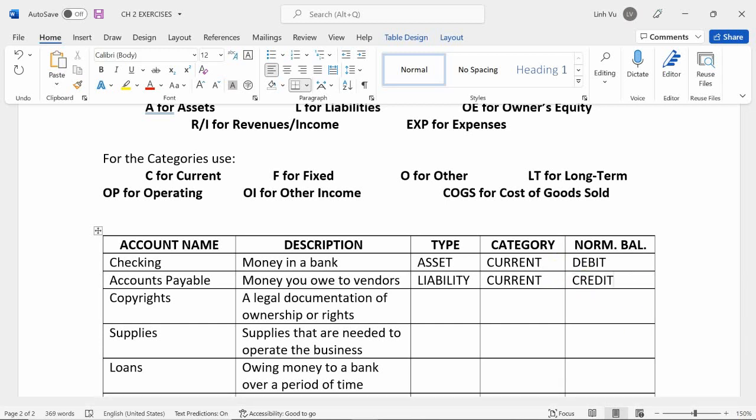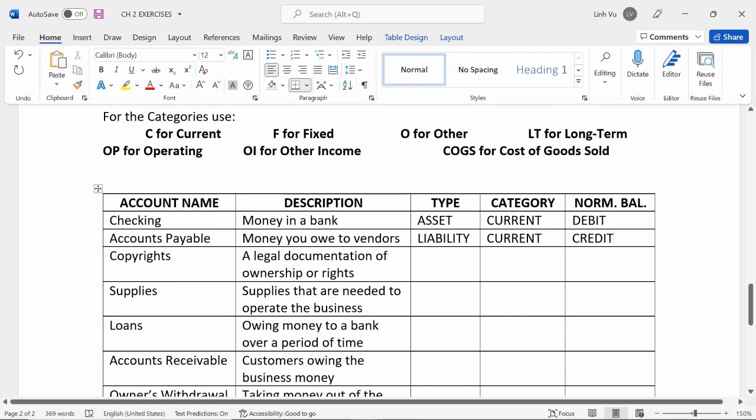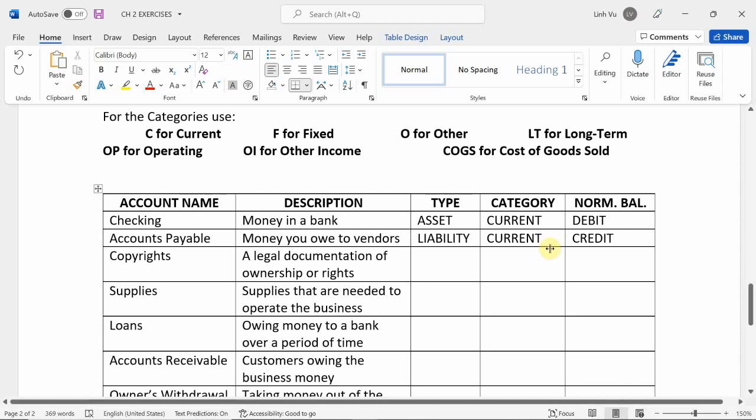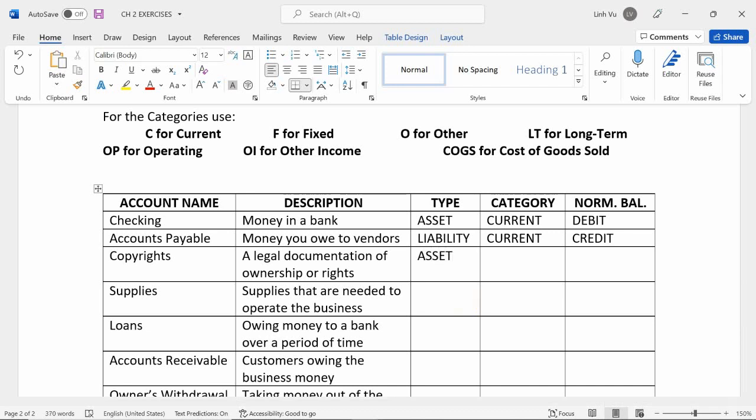Okay. What about copyrights? Copyrights are legal documentation of ownership or right. Assets. It is an asset, correct, because you own it, right? Now, what kind of asset would a copyright fall under? Long term. There's no such thing as a long-term asset. Other income.